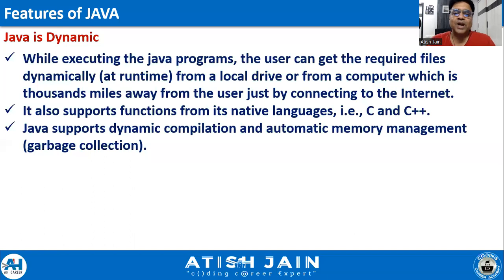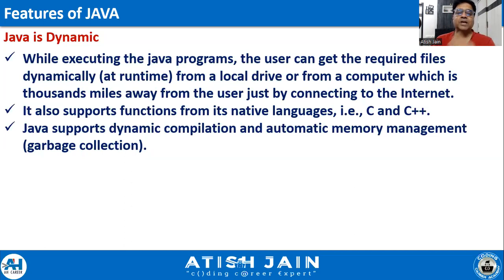Java is a dynamic programming language. What do you mean by dynamic? While executing Java programs, the user can get the required files dynamically at runtime. Means anything which happens at runtime is known as dynamic. Means while you are executing Java applications, if your application requires any supporting files, is it clear? Then your application can load those supporting files from your machine or from remote servers.